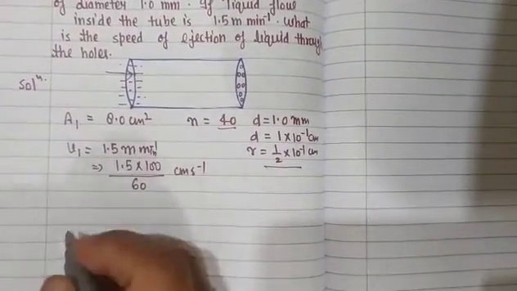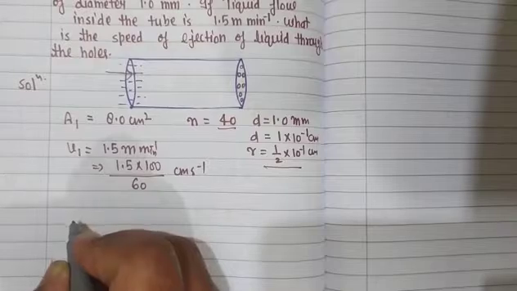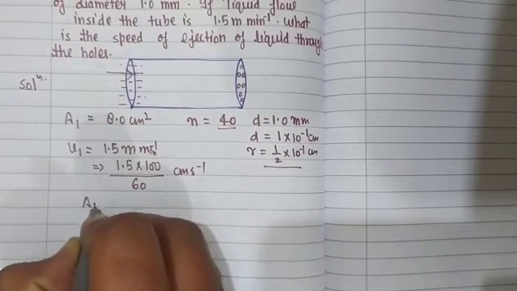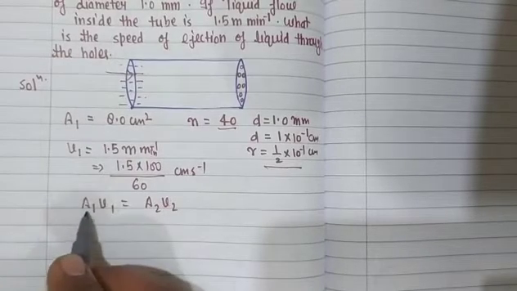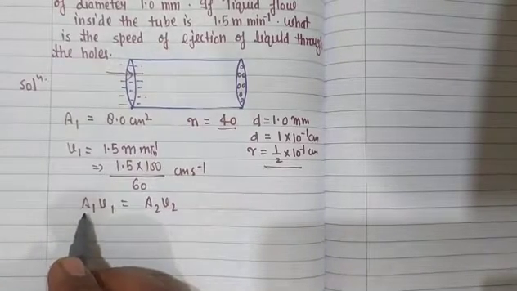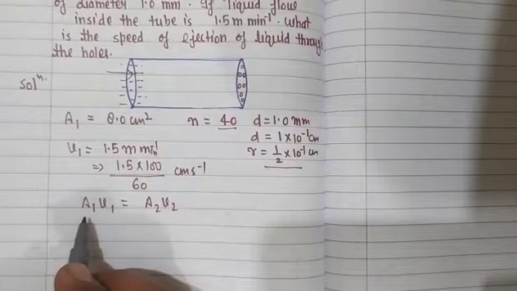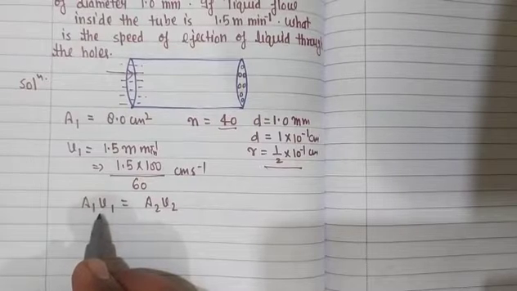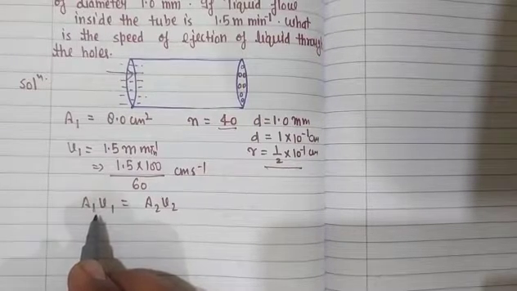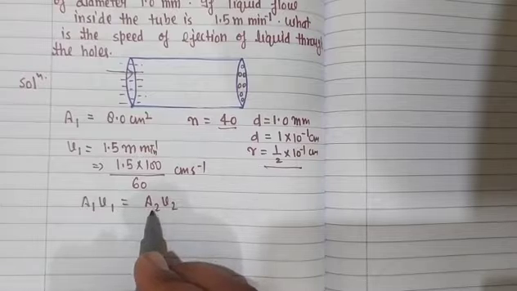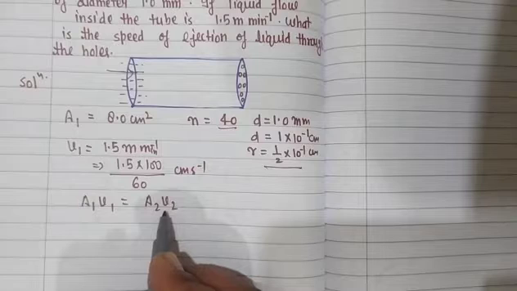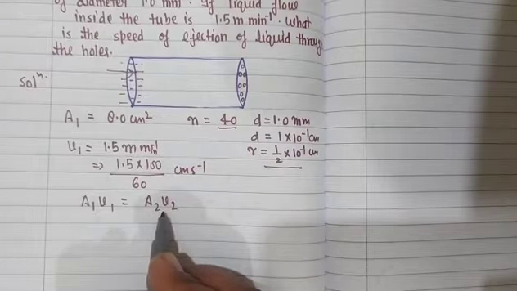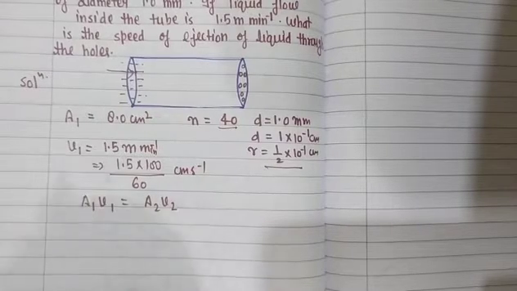Now according to the continuity equation, A1 V1 is equal to A2 V2, where A1 is the cross sectional area through which the liquid is getting inside, V1 is the velocity with which it gets inside, A2 is the cross sectional area through which the liquid gets outside, and V2 is speed from this area.